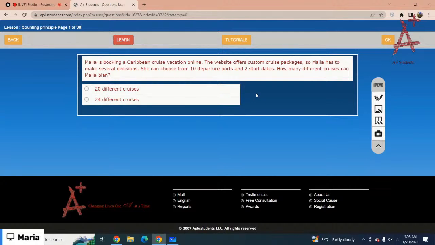So she has 10 departure ports and 2 start dates. So you need to do 10 times 2. Got it? So 10 times 2 makes 20. That means she can have 20 different cruises. The correct option is 20.